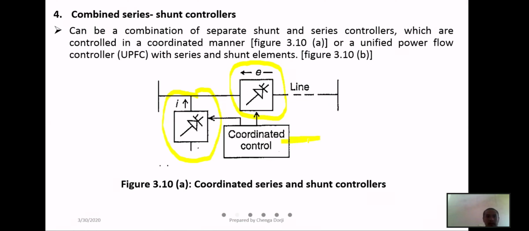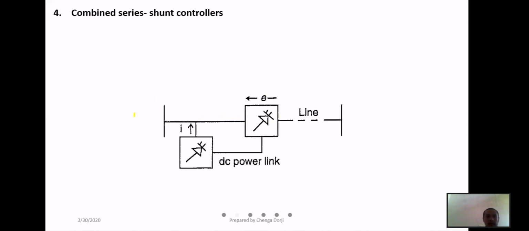So this is another FACTS device which is actually used in the transmission system for the allocation of power, optimization, and the active and reactive power. So this is your unified power flow controller. In the case of the coordinated one, coordination was there here.